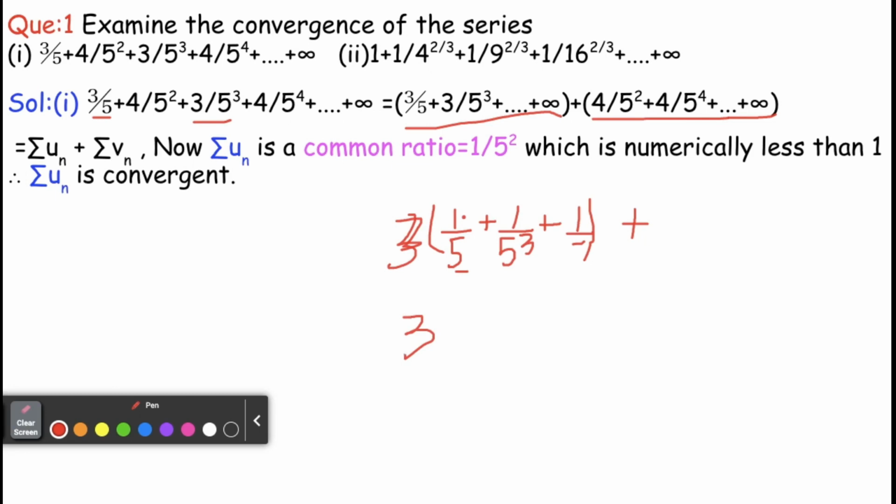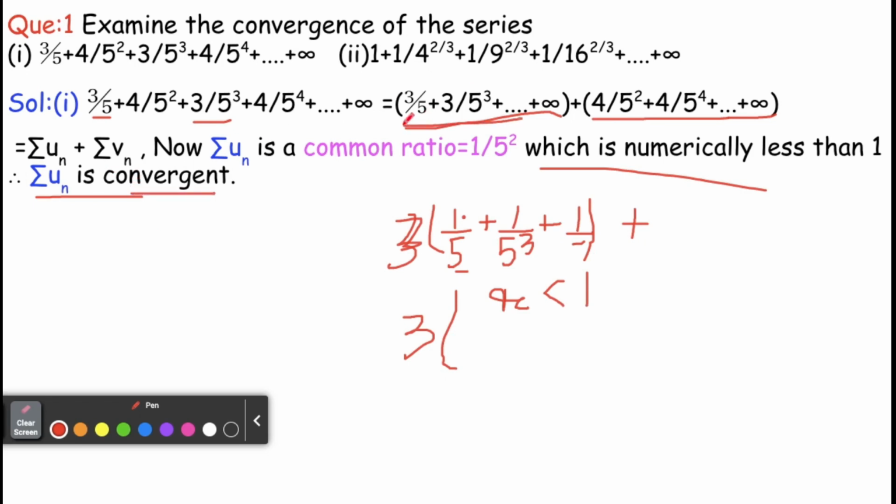This is not part of the property we have discussed, but it is a simple property: the common ratio is numerically less than 1. Using the property of geometric series, if it is less than 1, then the sum of the series is finite. So un is a convergent series.